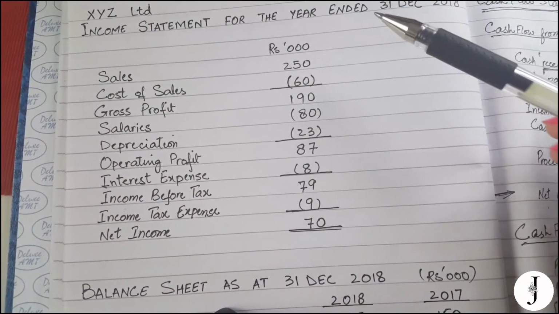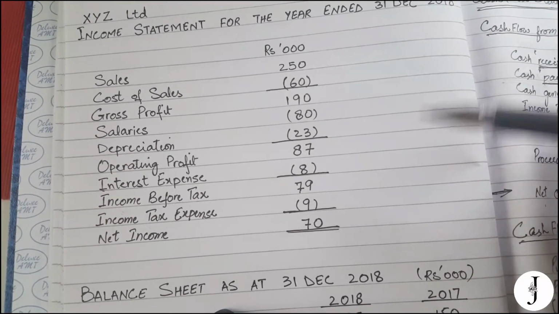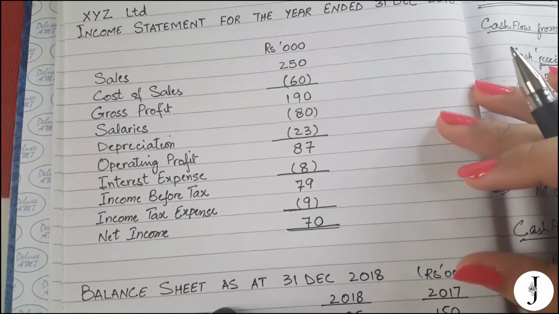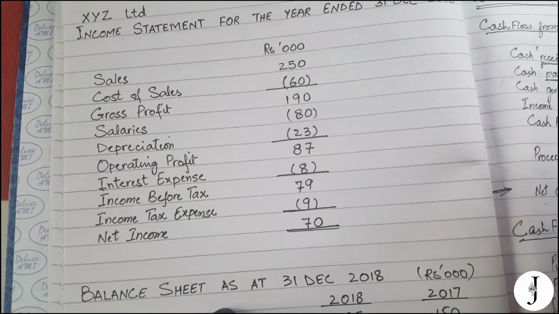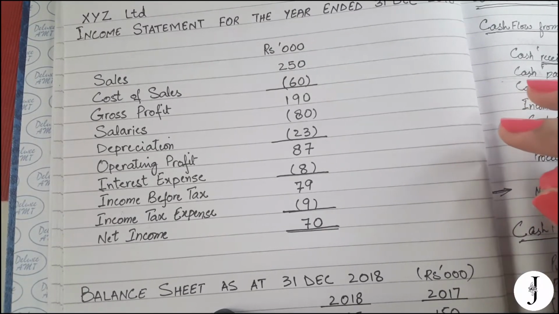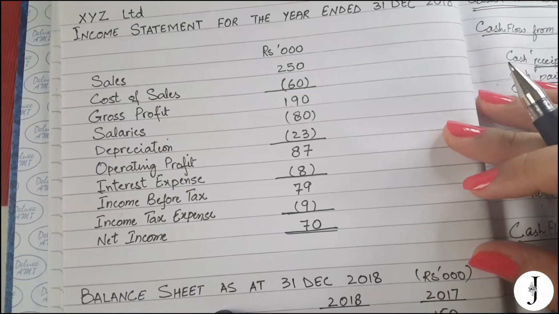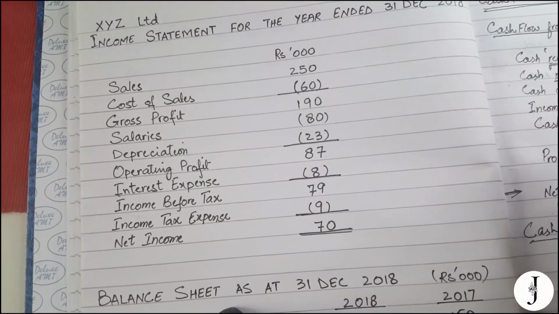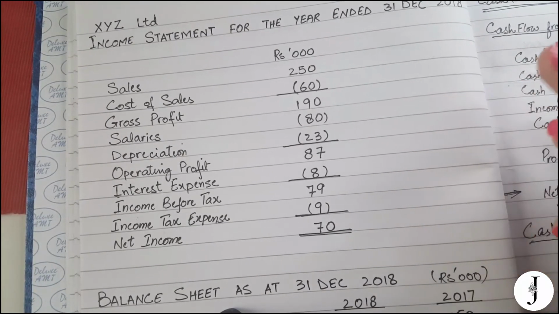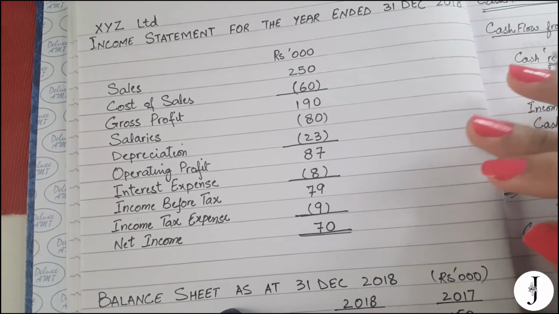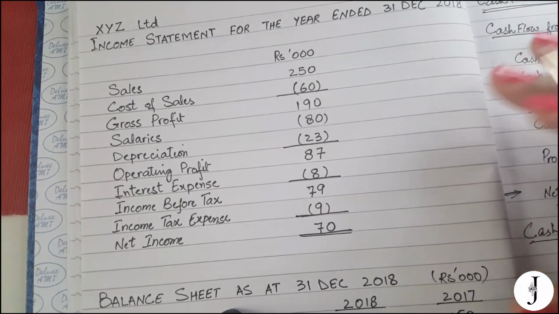So here one point is very important to understand, that accounts are always prepared on the basis of the matching principle. Matching principle states that whatever revenue is generated during a certain period of time, the expense related to that revenue, only that revenue is taken into account for that period of time.